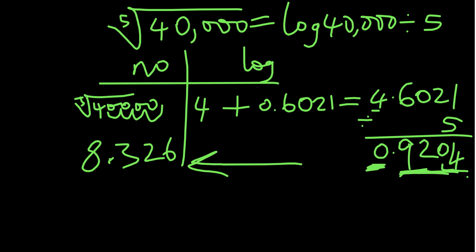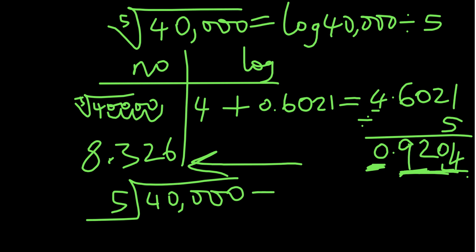So this is the answer. So the fifth root of 40,000 is equal to 8.326. You may want to solve the last one to make everything clearer to you.